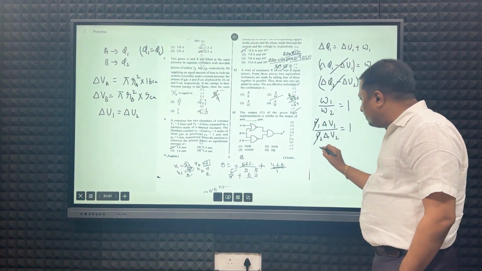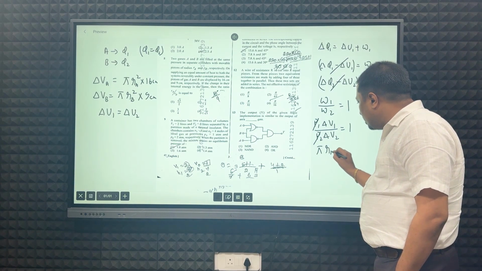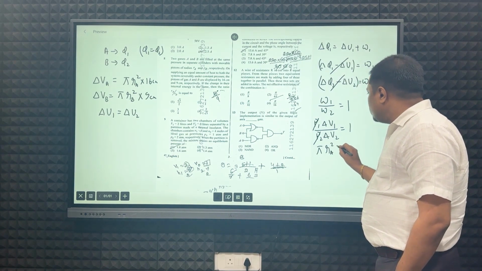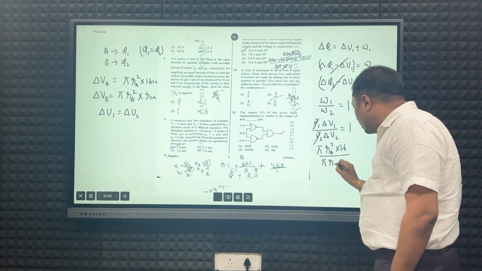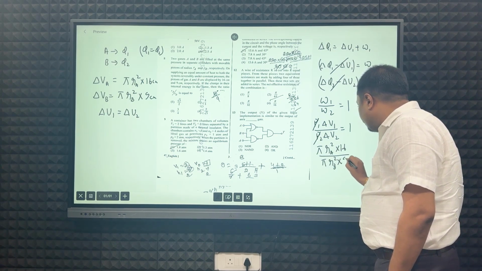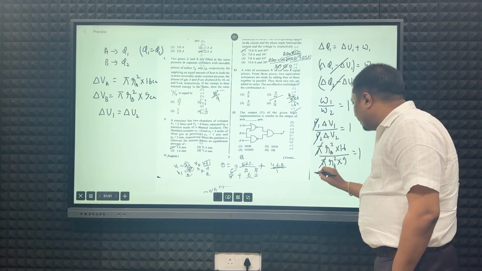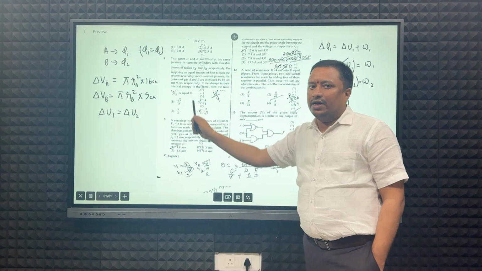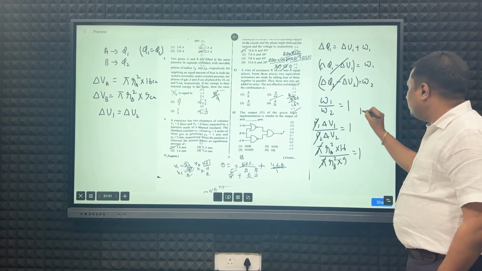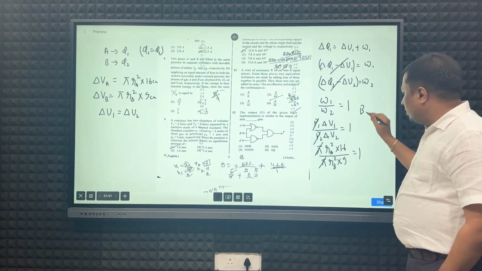Am I going to get pi RA square into 16 by pi RB square into 9 is equal to 1. Pi cancels. They are asking us RA by RB or RB by RA. RA by RB.